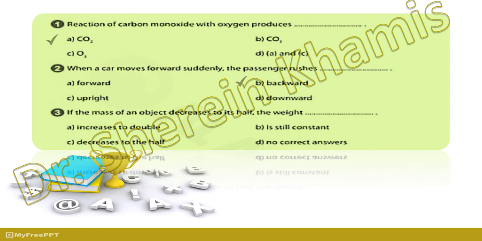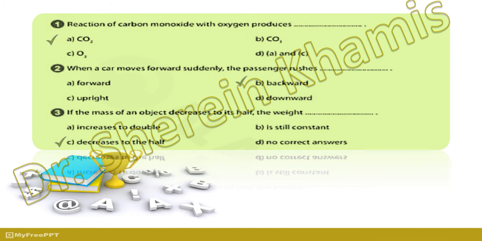When it starts forward suddenly, the passengers rush backward, as the body and the car resist the sudden action from happening. They will rush backward due to the force of inertia.